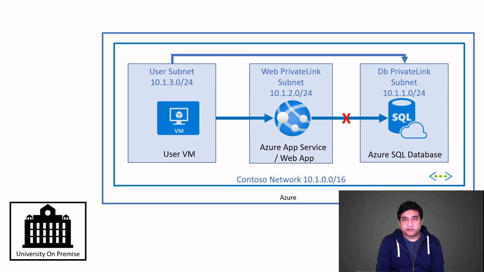Reiterating a very important point, a privately linked service makes itself available to the other resources inside the network, but the service itself cannot make outbound calls to the other resources. That's why, to allow the web app to connect to the database, we need to establish App Service network integration via the delegated subnet.